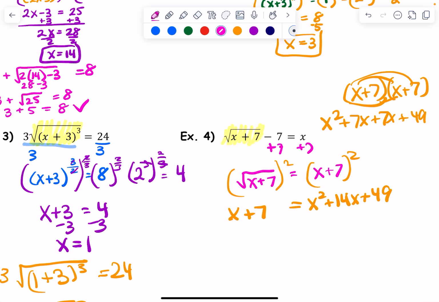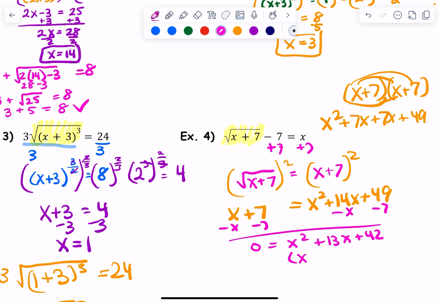So because we have a quadratic here, we are going to get a 0 on one side. This is not new to us. And we will get 0 is equal to x squared plus 13x plus 42.